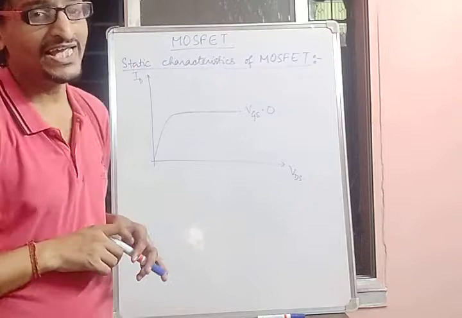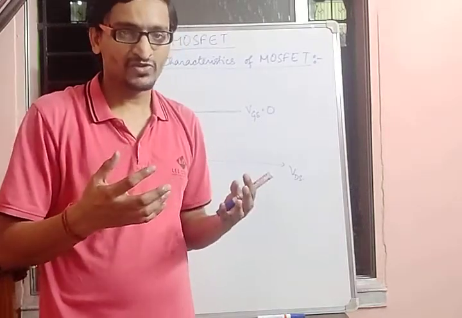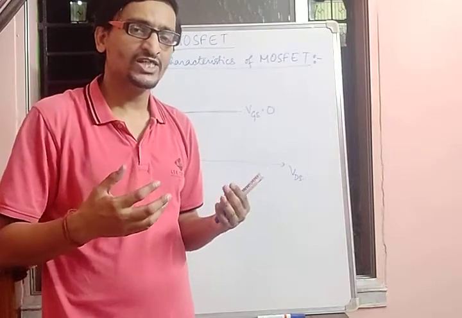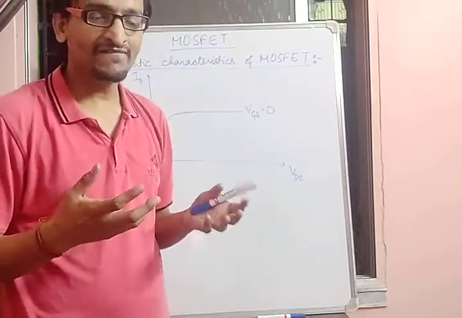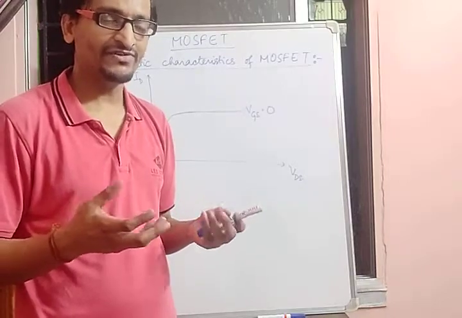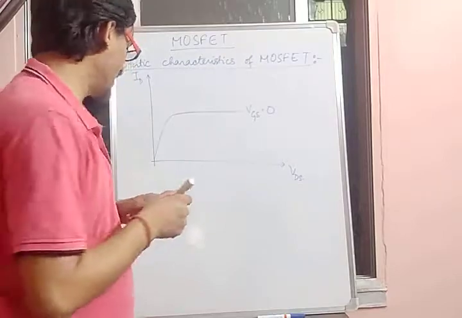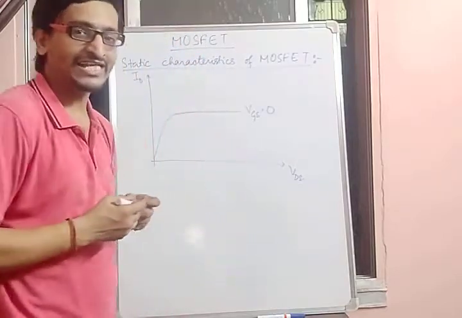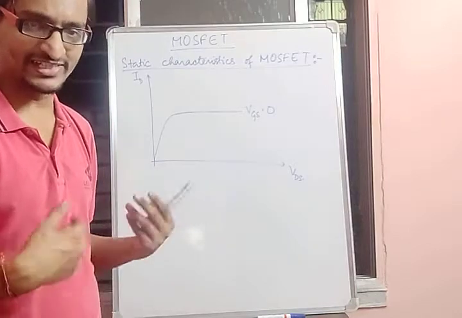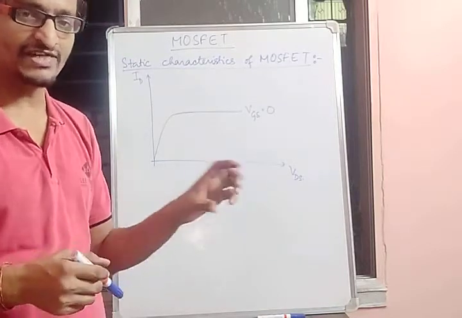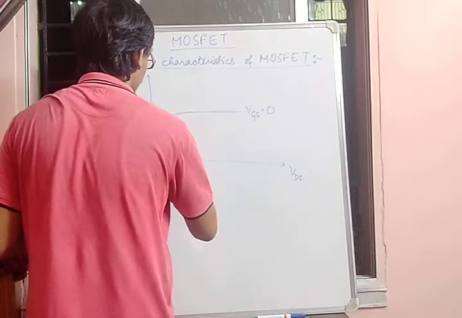Now what will happen if I make VGS more and more negative? That means the gate terminal becomes more and more negative, so it will attract more and more holes towards it. As a result, its conductivity will increase. So the curve will look somewhat like this.